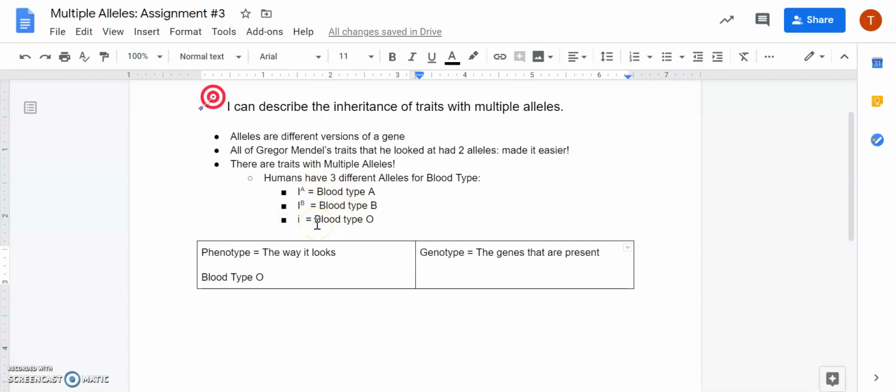The only way you can have a recessive trait is if you have 2 copies of that recessive allele. So for Mr. Dean to be blood type O, his genotype must be little i, little i. There are no other options. Since I know my phenotype, I know my genotype for sure.